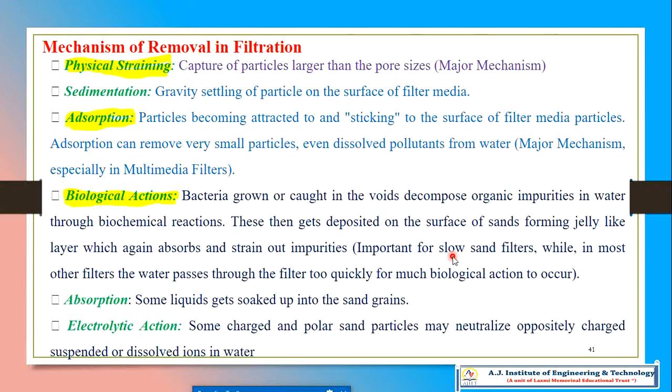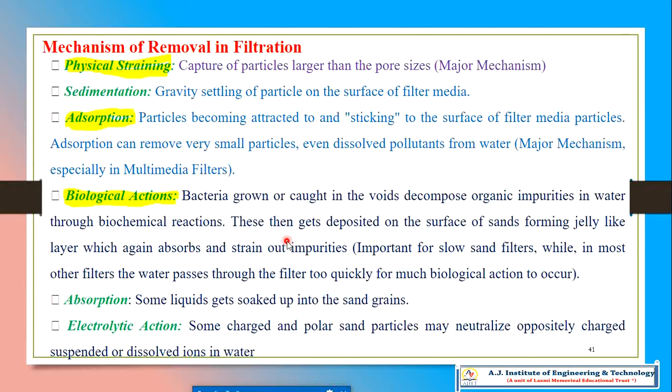So the decomposed impurities in the water undergo a biochemical reaction. Usually it happens like this: if the material is retained in the pores of the sand media, then there will be biological action.